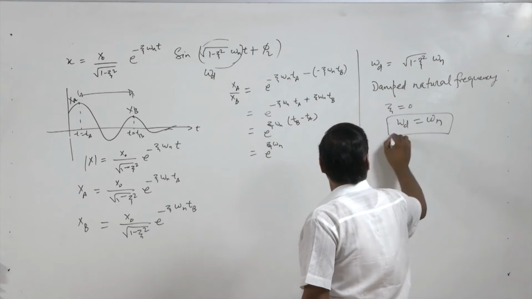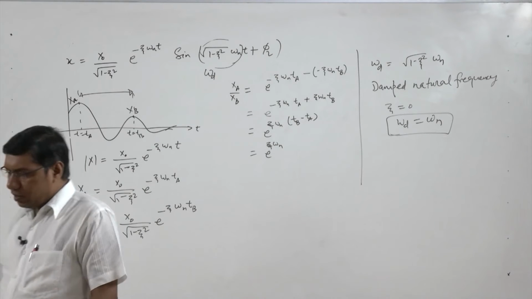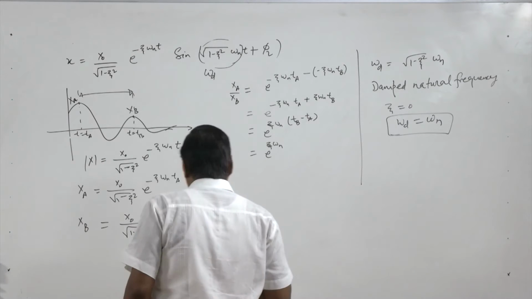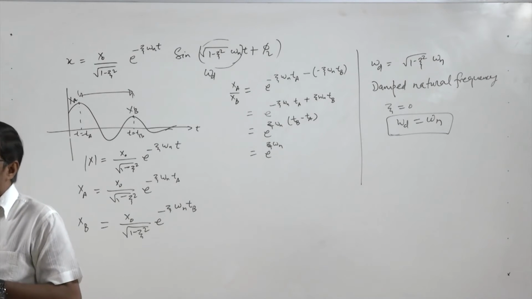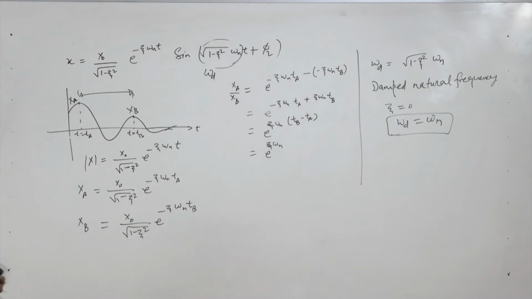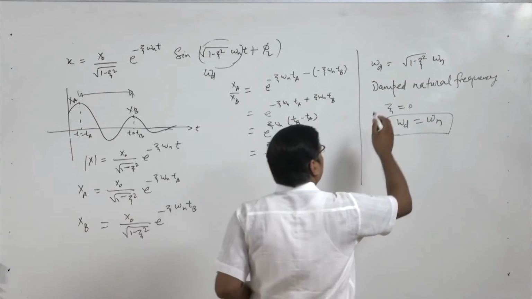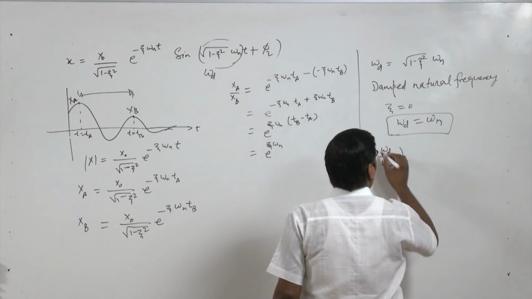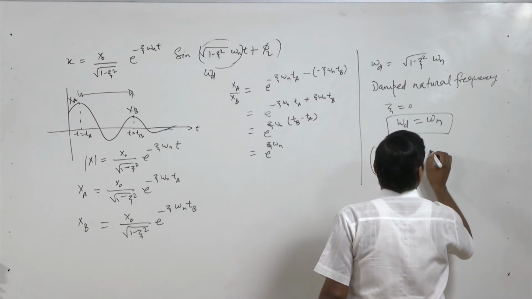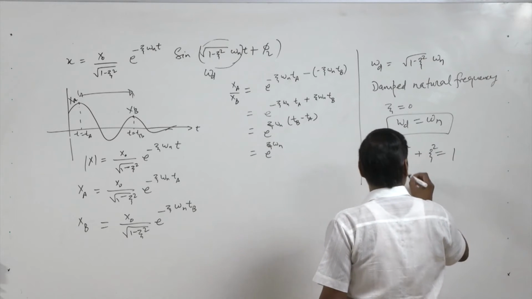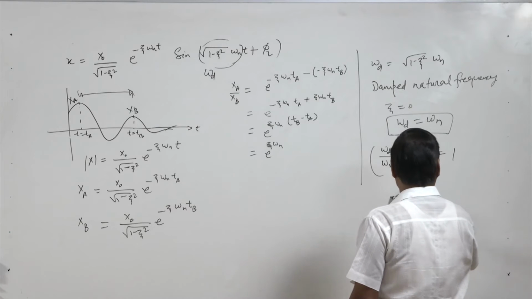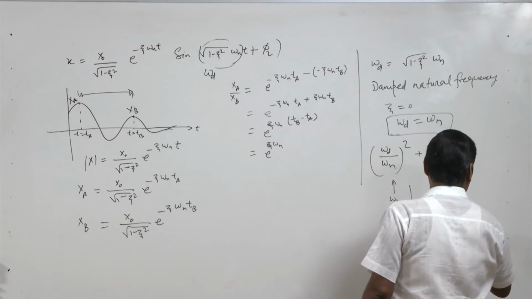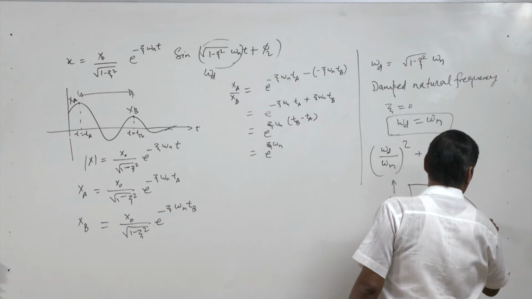So the system will vibrate with this frequency when we have damping zeta, while the undamped system vibrates with its own natural frequency, omega n. We can also write omega d by omega n, squared, plus zeta squared equal to 1. This shows an ellipse, and we can plot omega d by omega n against zeta.